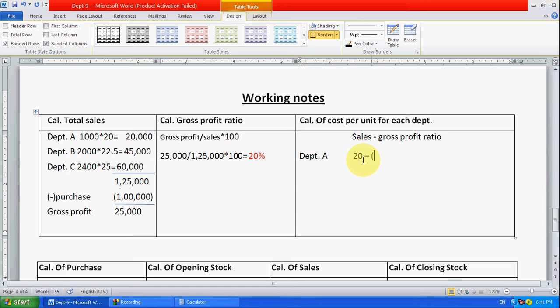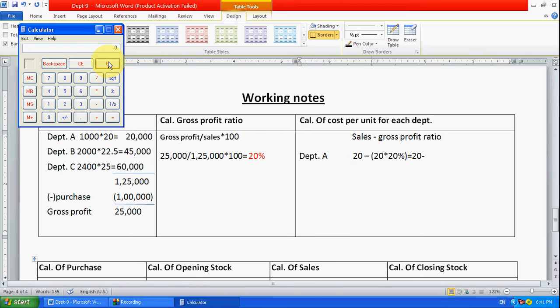So we have to reduce the gross profit percentage from this 20 rupees. So write 20 into 20%. That is equal to 20 minus 20 into 20%.